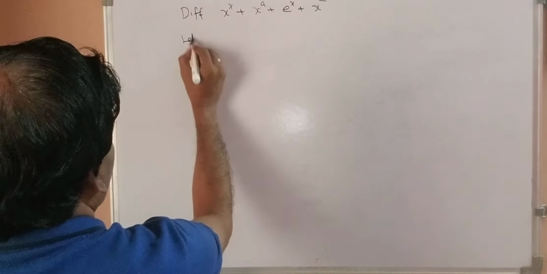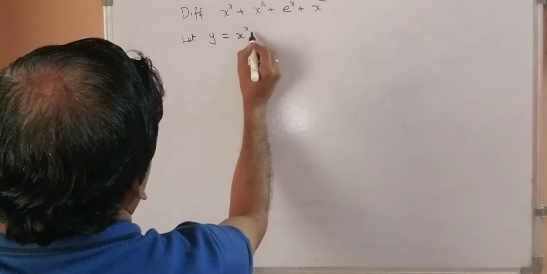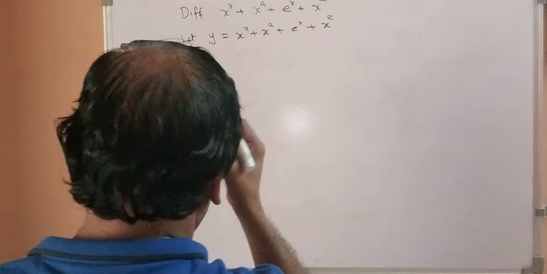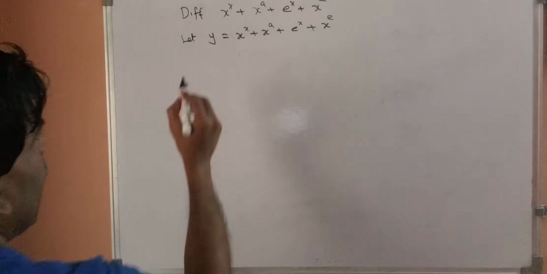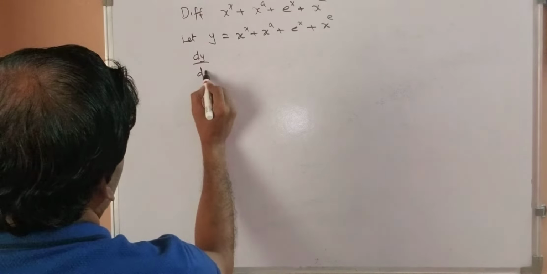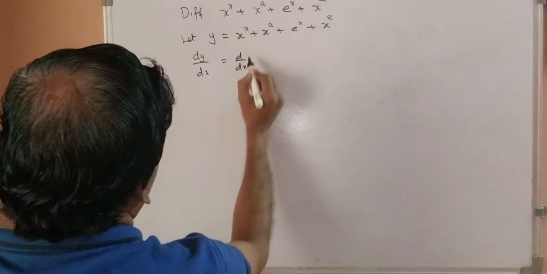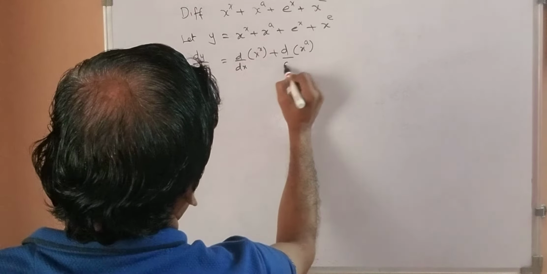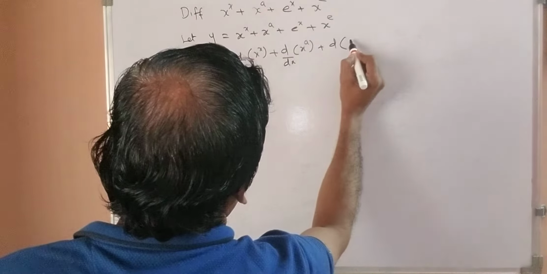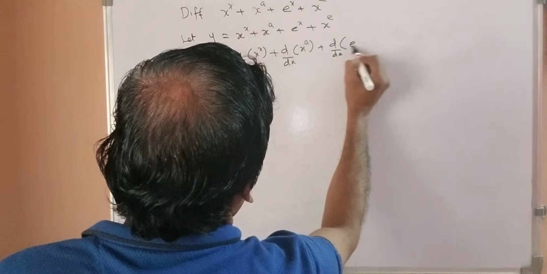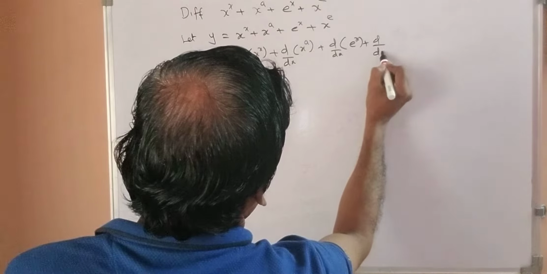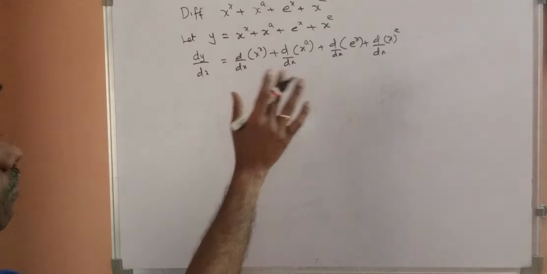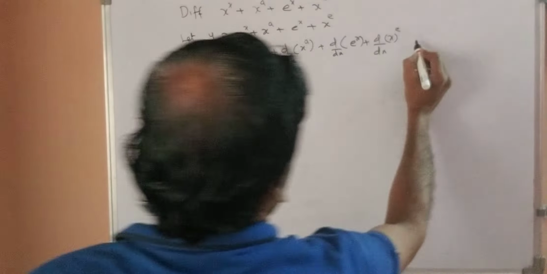Now let y equal to x raised to x plus x raised to a plus e raised to x plus x raised to e. Now, what is the derivative? Derivative of x raised to x plus derivative of x raised to a plus derivative of e raised to x plus derivative of x raised to e. Now separately we will find out and then we will substitute here.